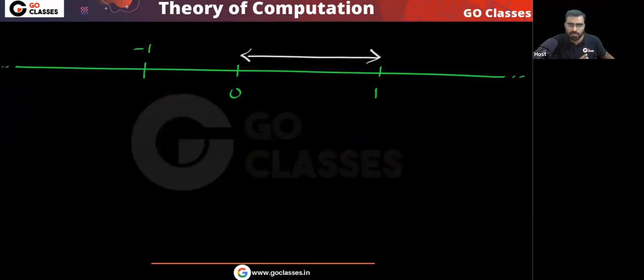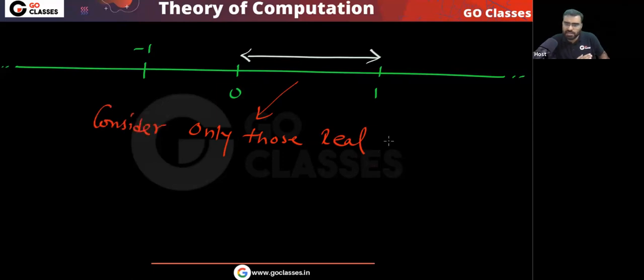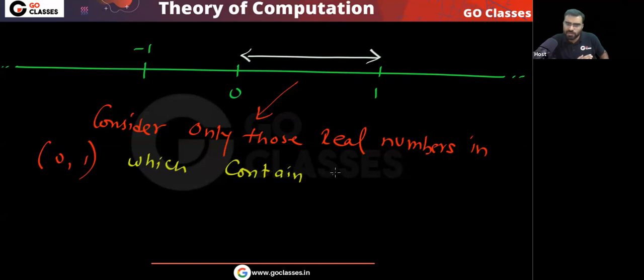And notice what we are going to do. Here we are only going to consider those real numbers in this range which contain only the digits 3 and 4.